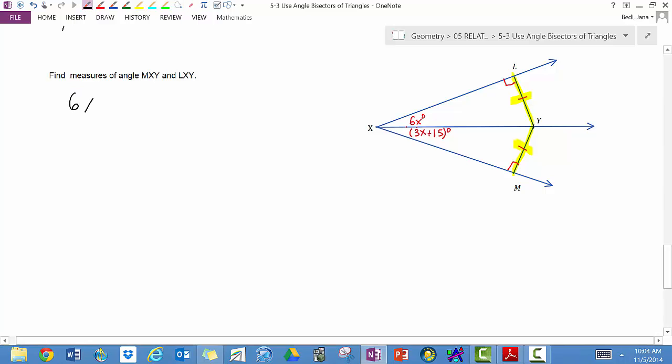So I could set 6x equals 3x plus 15, and if I solve it, I will get x equals 5, and the angle will be 30 degrees. So x will be equal to 5, and the measure of angle MXY will be 3 times 5 plus 15 degrees, so it is 30 degrees. You should check that for yourself.